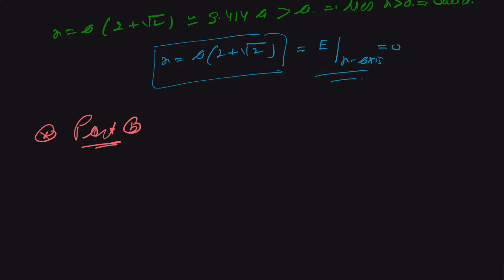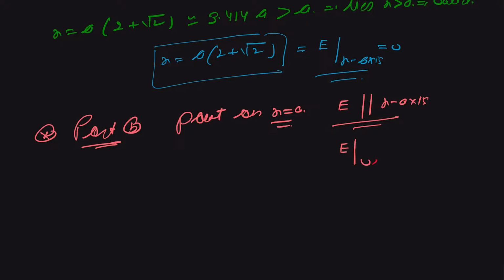So we have to find out the point on x equal to a. Okay, and at this particular point we are going to get that our electric field should be parallel to our x-axis. Or in simpler terms we can say at this particular point the electric field in vertical direction should be equal to 0, because then only the parallel component will be left, the vertical component should vanish out.